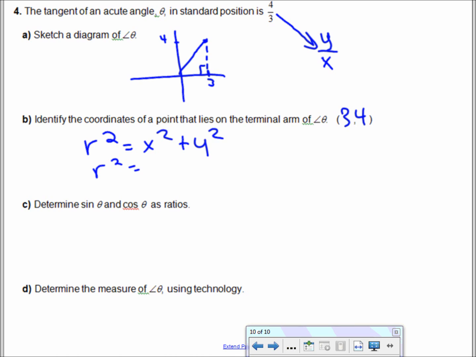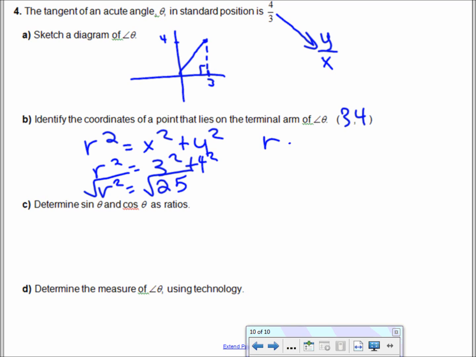So r squared is equal to 3 squared plus 4 squared. r squared is equal to 25. So I'm taking the square root.